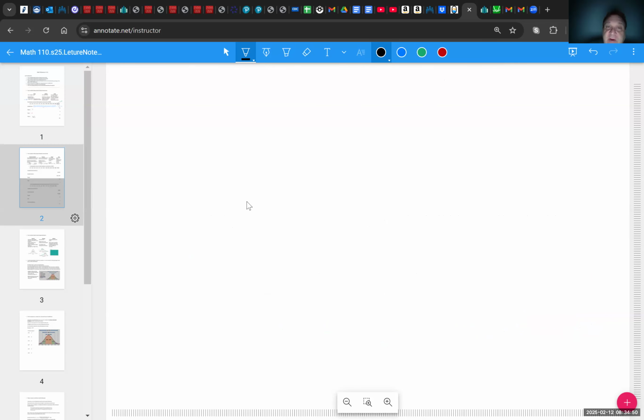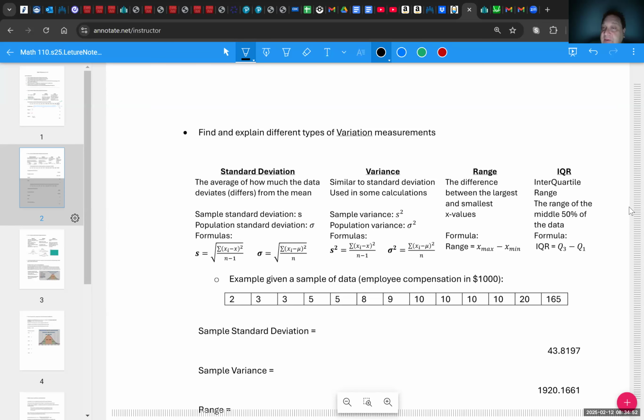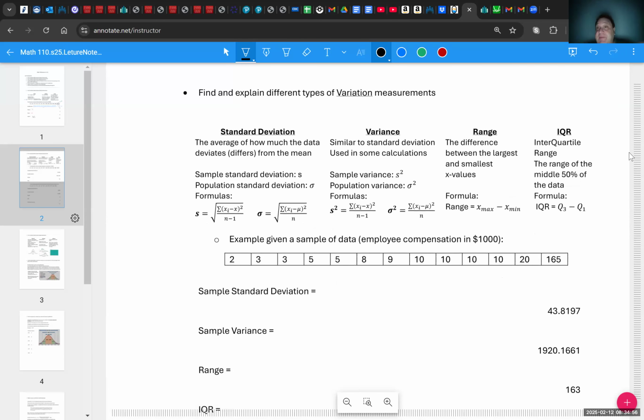All right, so next page here, we're going to be talking about different types of variation. Variation is measuring how spread out the data is. Is it all bunched towards some middle value, or is it really spread out far away from the middle value? So the variation isn't really the middle, it's the spread of the data.